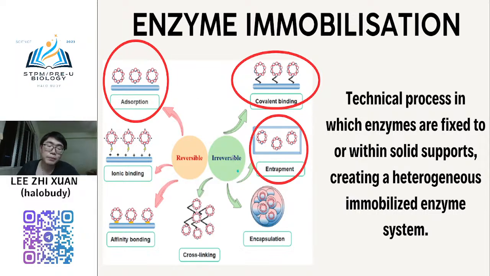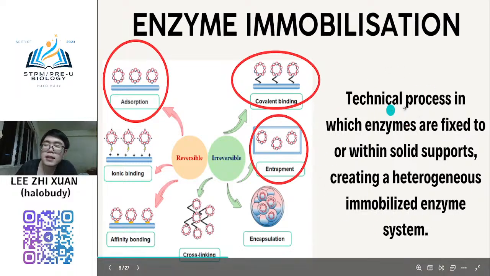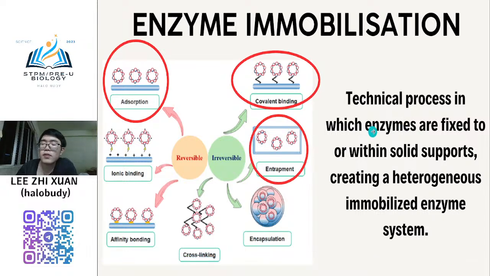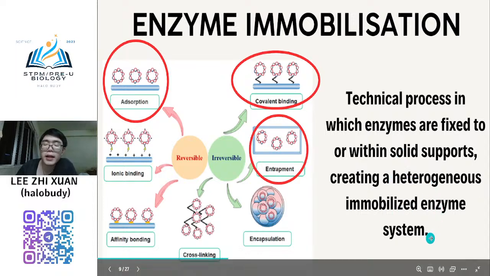Okay, so normally enzyme immobilization. What is the meaning of enzyme immobilization? This is the definition: a technical process where we fix our enzyme onto a solid support, creating a heterogeneous immobilized system.